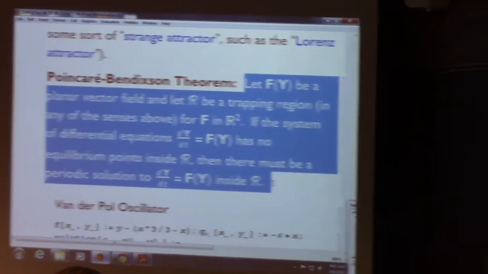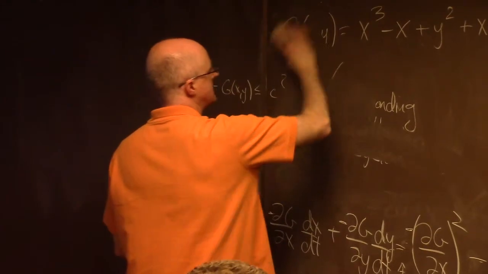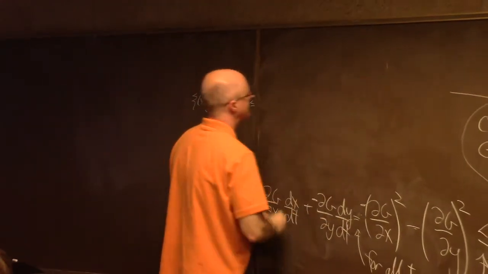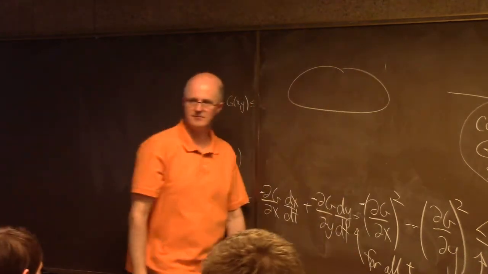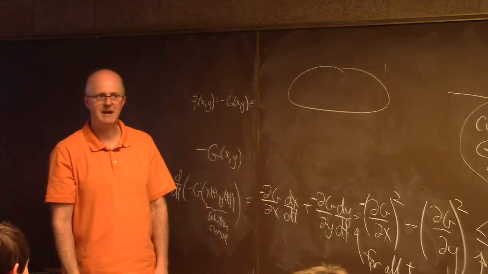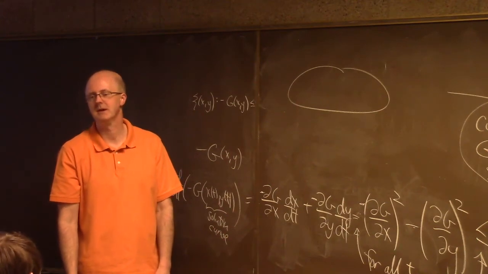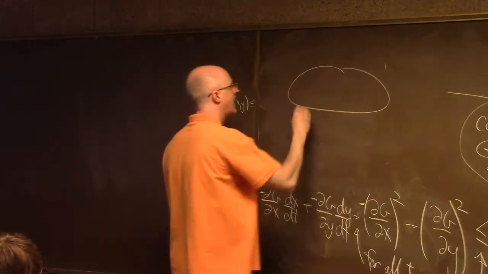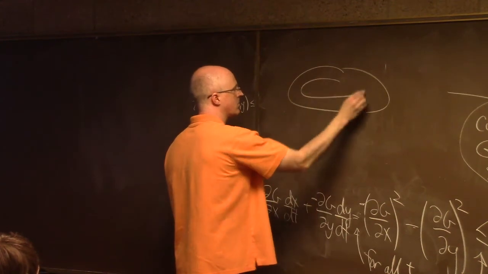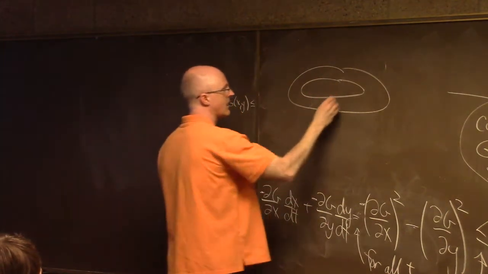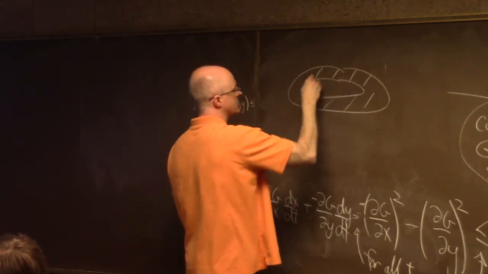I did mention, and I'll mention again now, that you're not going to apply this to trapping regions that just consist of one boundary curve, because such trapping regions actually can be proved to have equilibrium points inside of them. So you're typically going to apply this Poincare-Bendixson theorem to trapping regions that are annular in nature, ring-like.